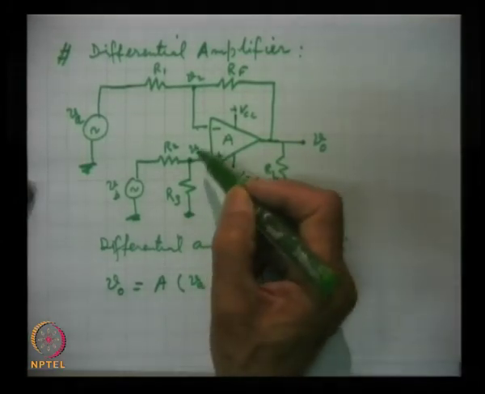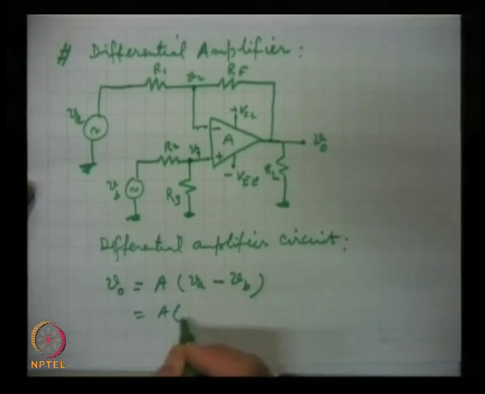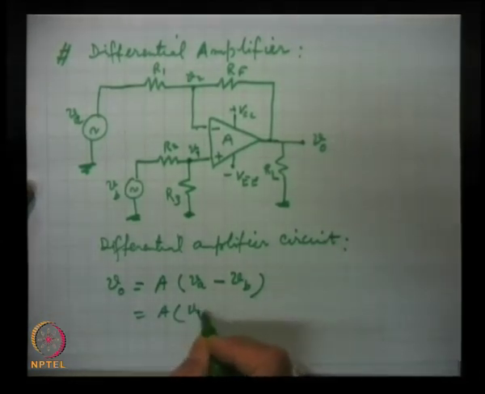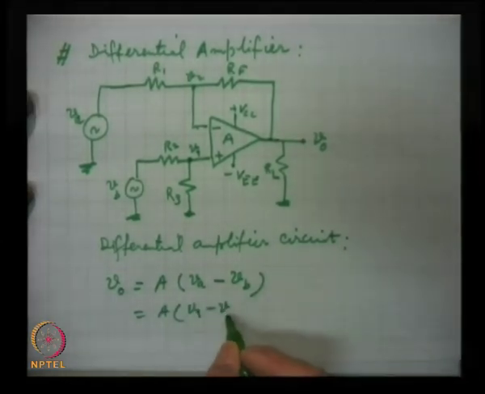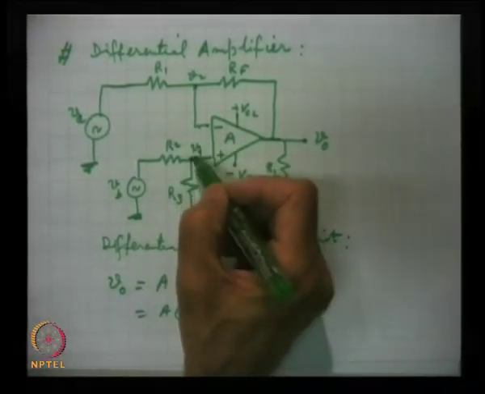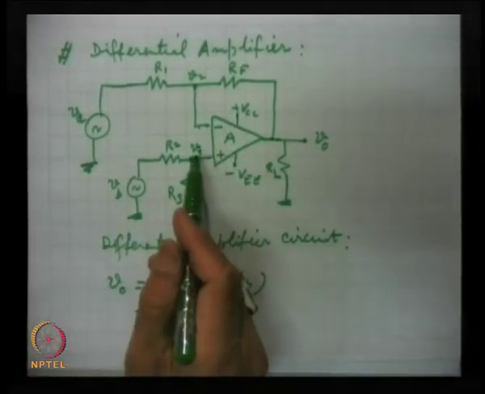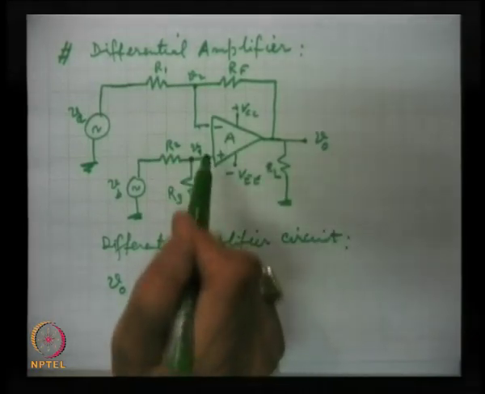Actually, I should have written V1 minus V2 for this, but anyway the difference here will be amplified. Whatever is the voltage at V1 and V2, the difference will be amplified.